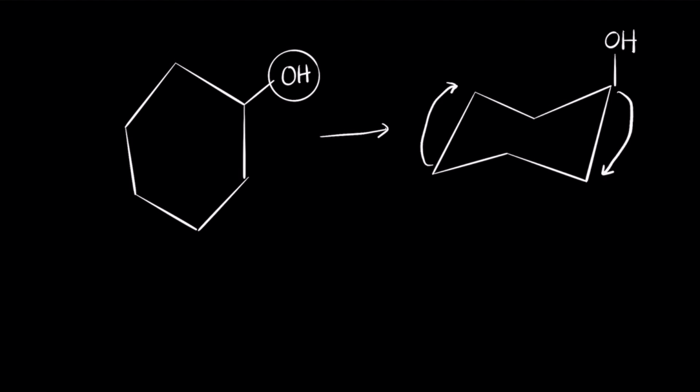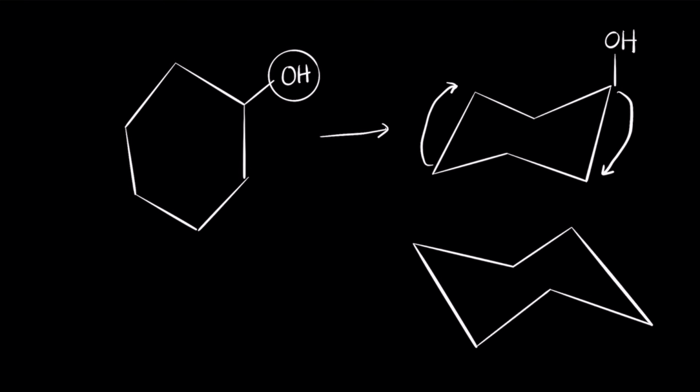When you draw the second conformation, you are basically flipping it on the other side. Now this one in the axial position is still on the top, which means this is going to become the equatorial position. So these are the conformations that you have for the positions that we have.